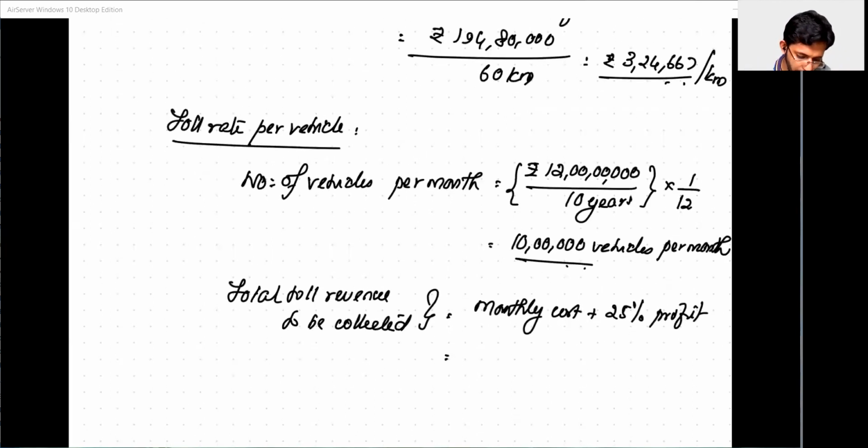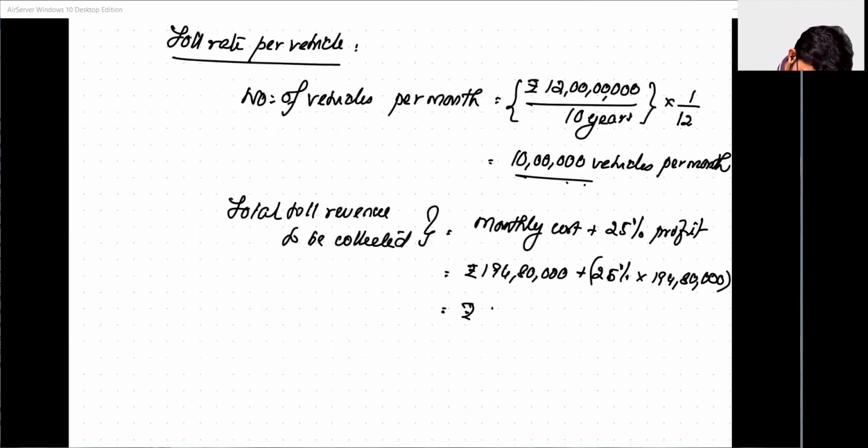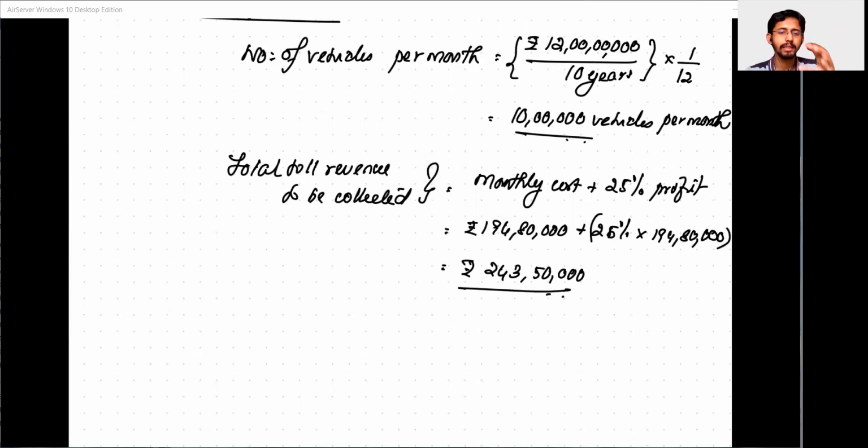Monthly cost is 194,80,000 plus 25% of cost. That is equal to 194,80,000 into 1.25. That is equal to rupees 243,50,000. Okay, that is the total toll revenue to be collected in a month.